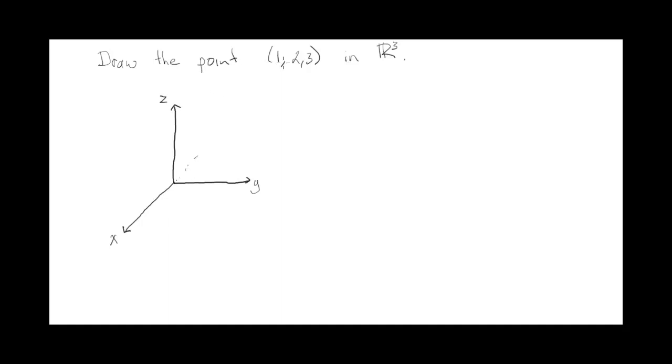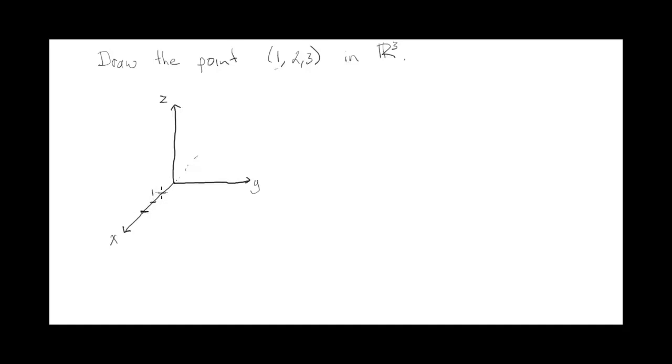So we want to draw this point 1, 2, 3. The challenge here is we're drawing a 3-dimensional point on a 2-dimensional surface, so you have to create a way to give this 3-dimensional illusion. What we're going to do first is think about where x equals 1 would be. If you start at 0, 0, you're going to put your scale on. Notice the way I'm drawing these scale marks is to create that 3-dimensional illusion. So this would be the point 1, right? 0, 1, 2, 3.